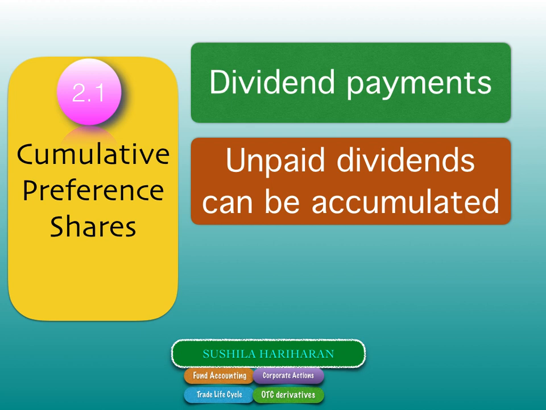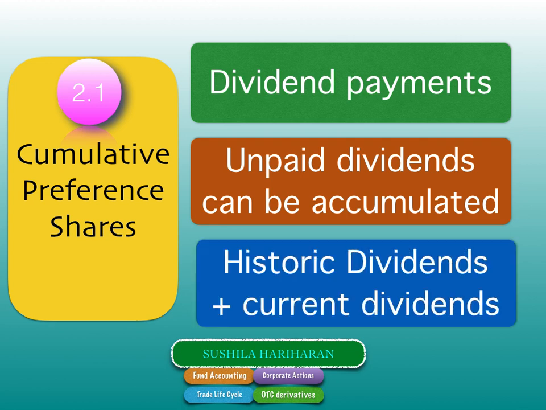The company decides not to declare dividends in a particular year. Then the unpaid dividends plus the current dividends can be paid in any particular year. That's the meaning of cumulative preference shares. Cumulative preference shares therefore have a cumulative aspect with reference to dividend payment. These are called CPS, cumulative preference shares.